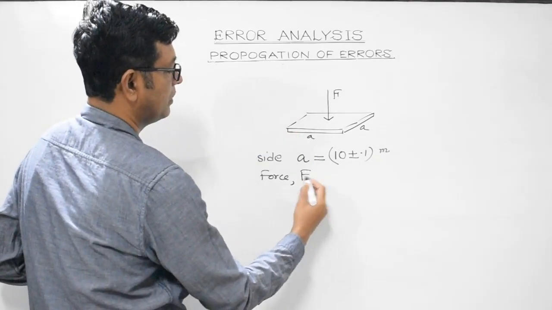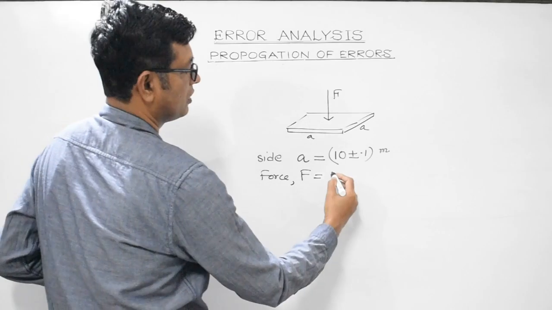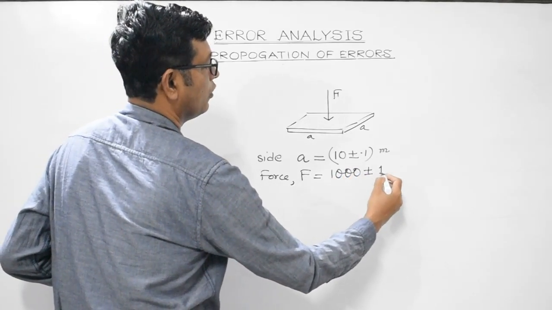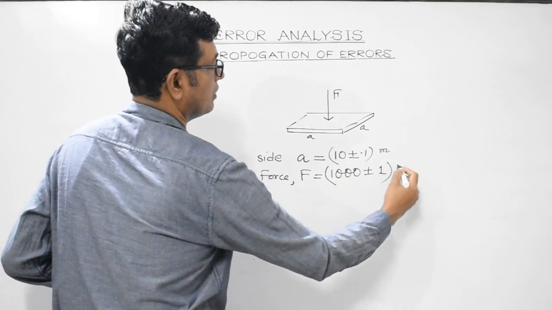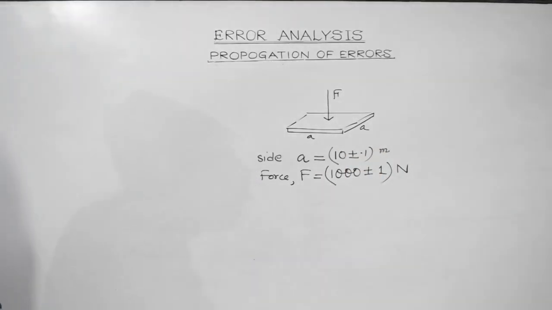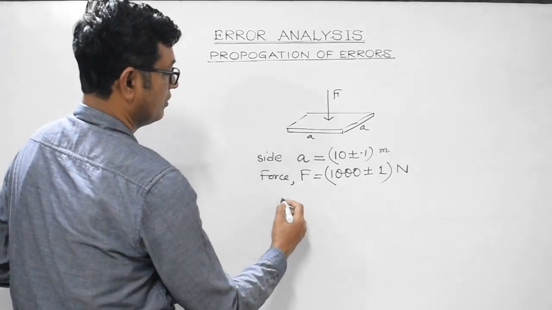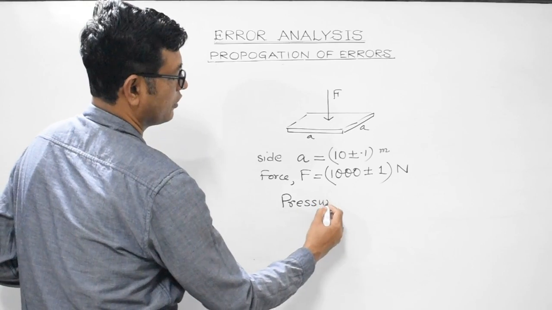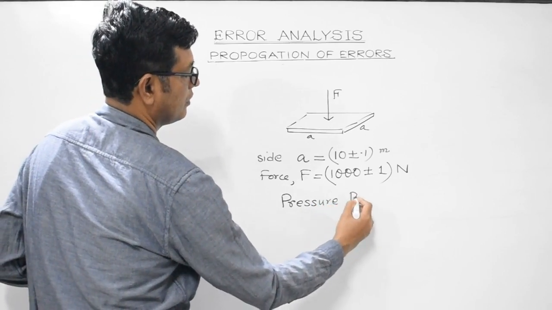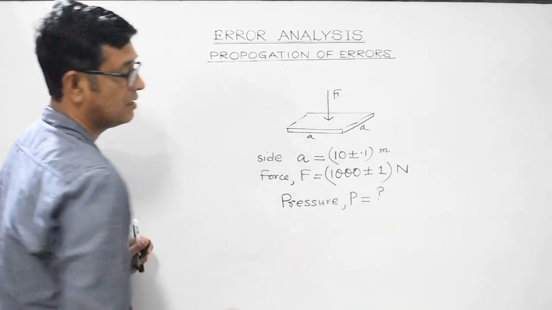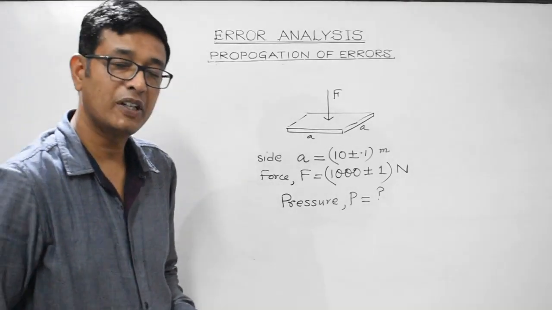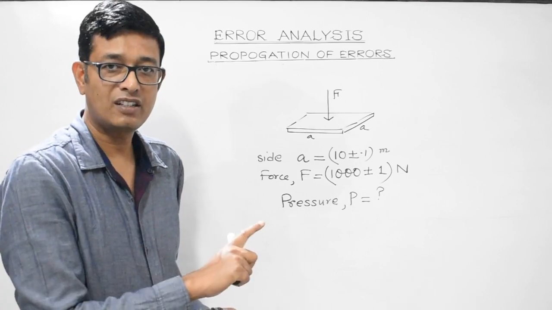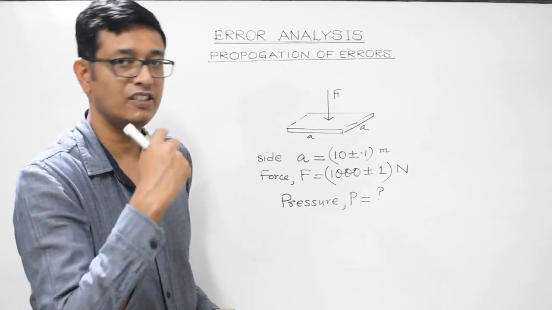It is given by, suppose it is given by 1000 plus minus 1 Newton. Right? Find out the pressure exerted by this force. And we need to express pressure both in terms of absolute error as well as in terms of percentage error.